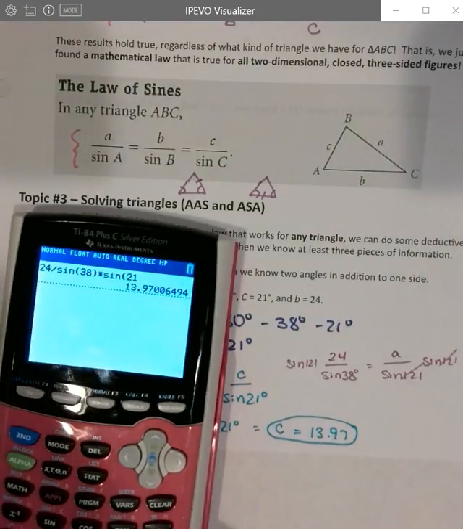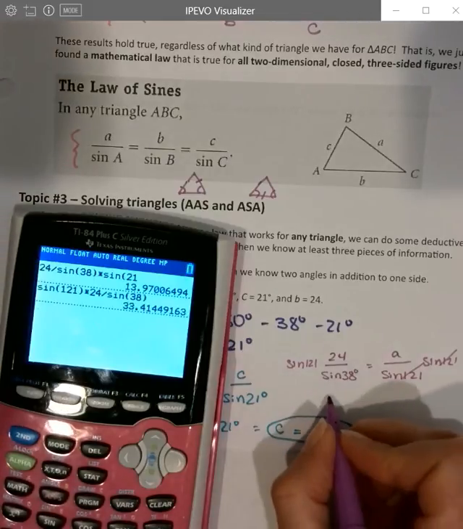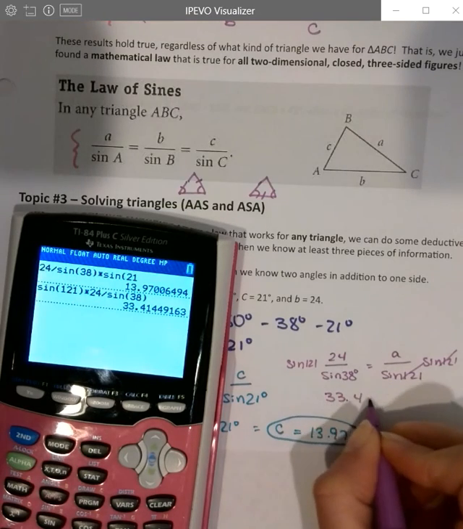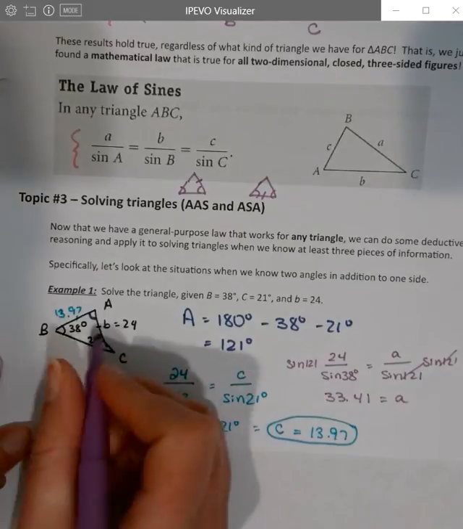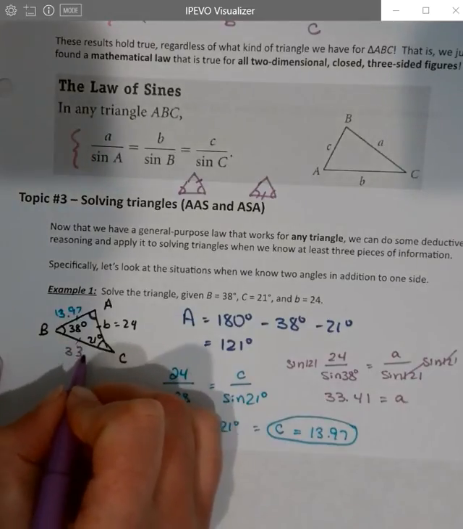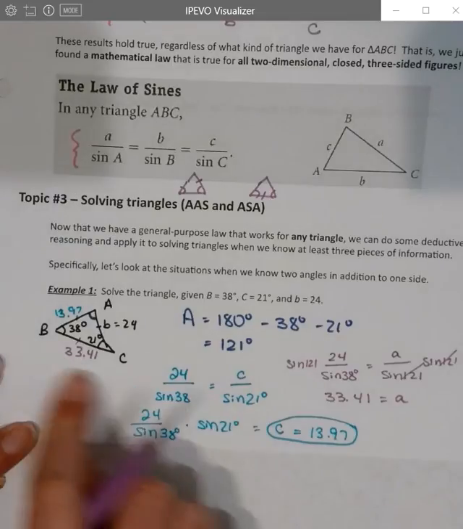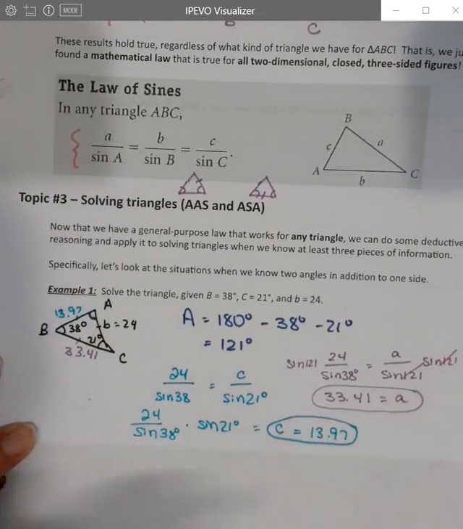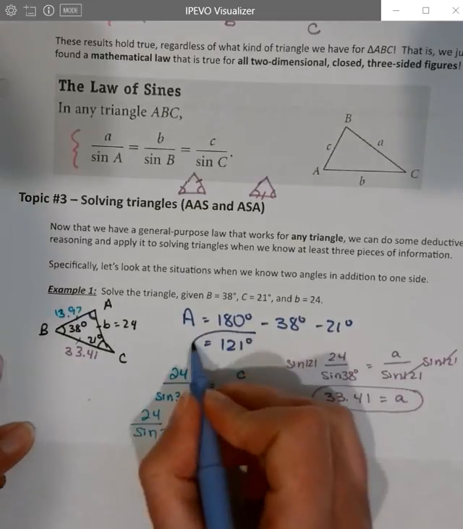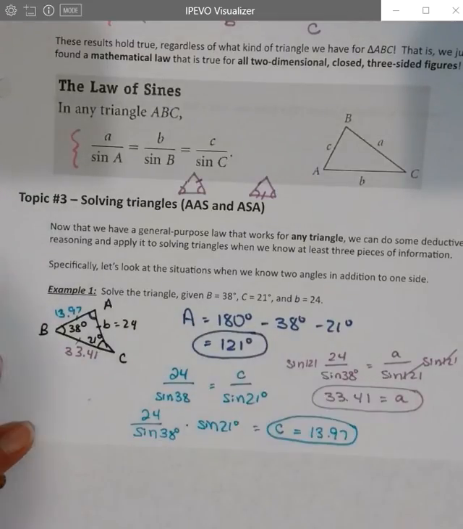So I can do sine of 121 times 24 divided by sine of 38, and I get 33.41 for little a. Again, I don't know the units, but I now have everything that I didn't know. I already had three things, and now I have the final three things for all six pieces total.